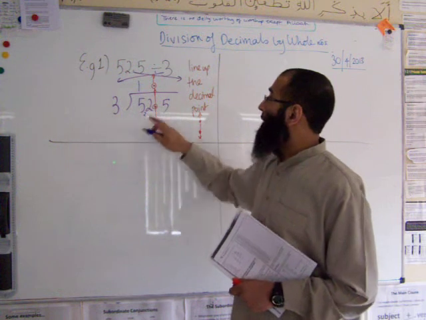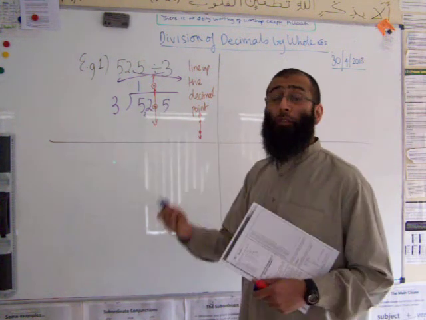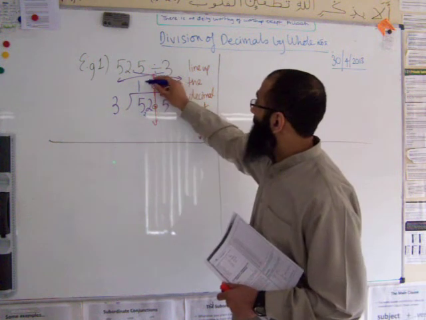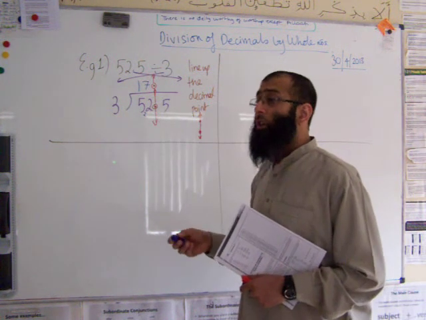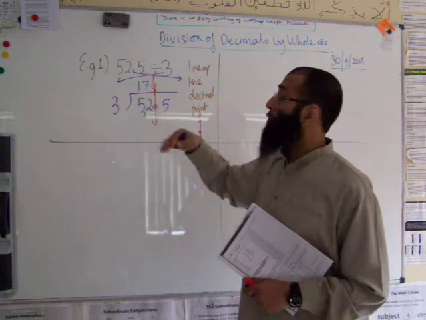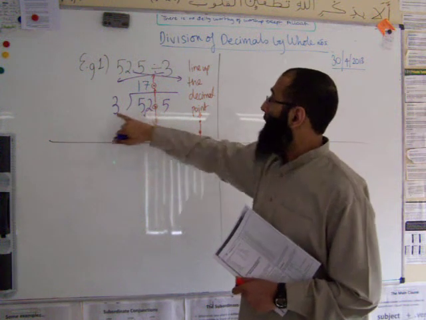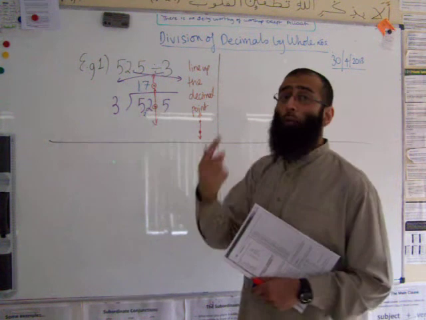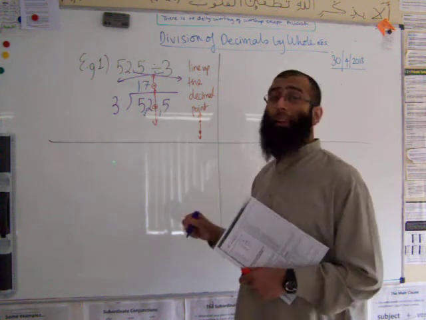If you have 22 friends, you put them into groups of 3, how many groups of 3 will you make? The answer is 7, because 3 lots of 7 is 21. You've got 22. You can't have 8 because that'll give you 24, more than what you have here. So 3 lots of 7 will give you 21, and you have one friend spare that gets carried on to the next number as a remainder.